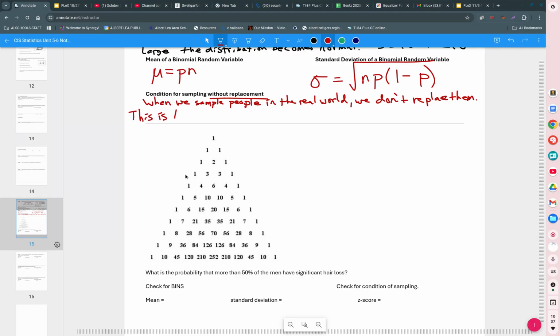This is not a problem so long as your sample size is less than 1/10 of the population.